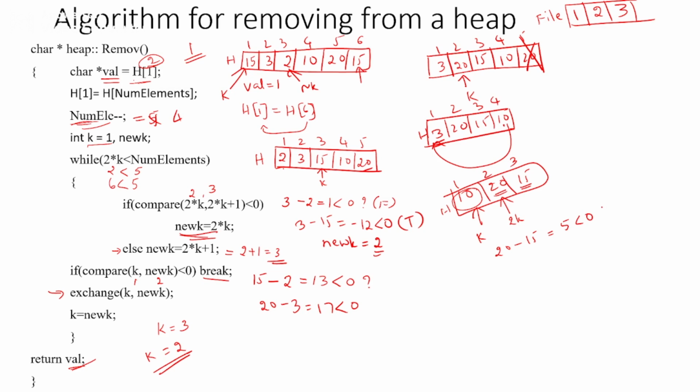Whether it is less than 0, no. So it will go to the else part. New k is equal to 2k plus 1. So now your new k is nothing but 2 plus 1, that is 3. So new k is equal to 3 now. Now compare k and new k. So k is nothing but 1. So 1 and 3 you are going to compare.